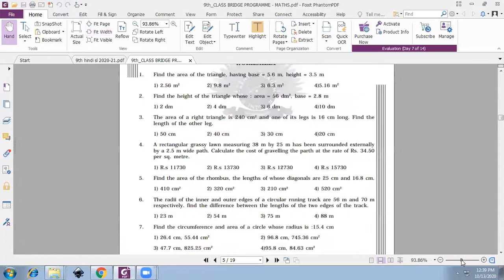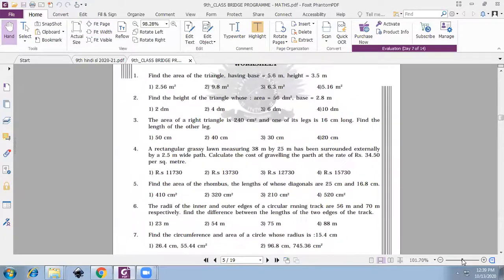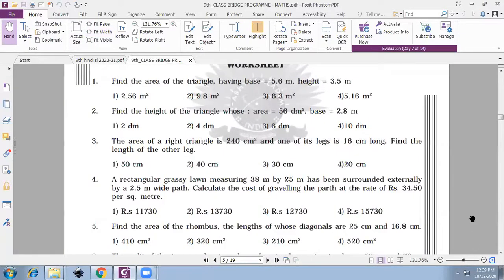So in the third question, the area of a right triangle is 240 centimeters square and one of its legs is 16 centimeters long. Find the length of the other leg. Here area is given, 240 centimeters square. One of its legs is 16 centimeters. So we have to find the other leg, that is, we are taking the height.